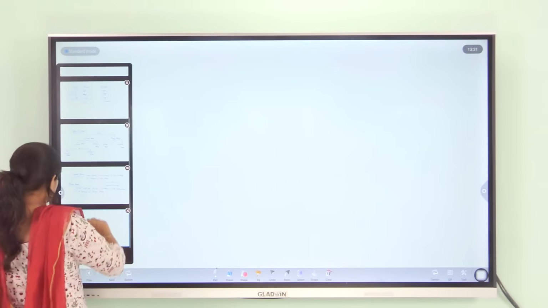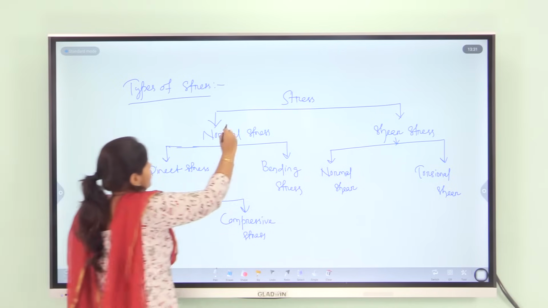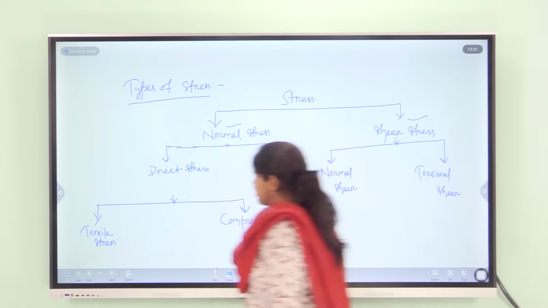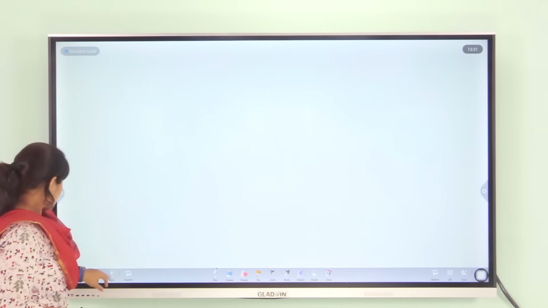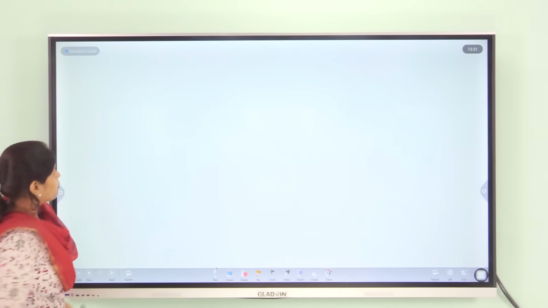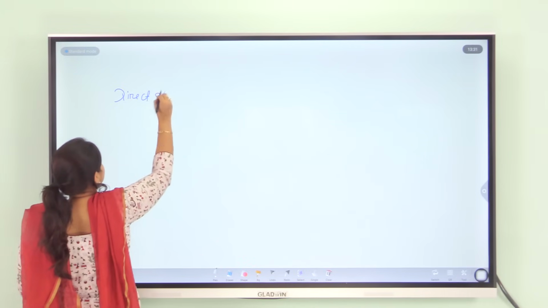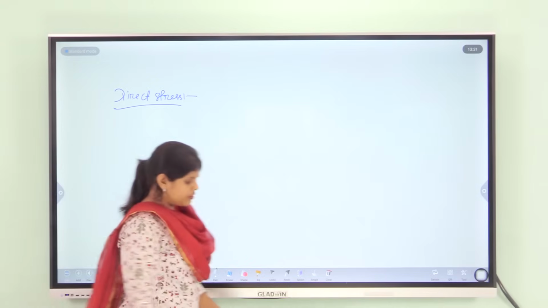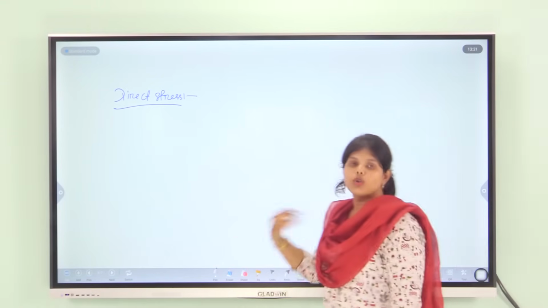Again, here we have learned about normal stress and shear stress. Now, going to direct stress. What is direct stress? Direct stress is nothing but normal stress, but it is categorized into two types.